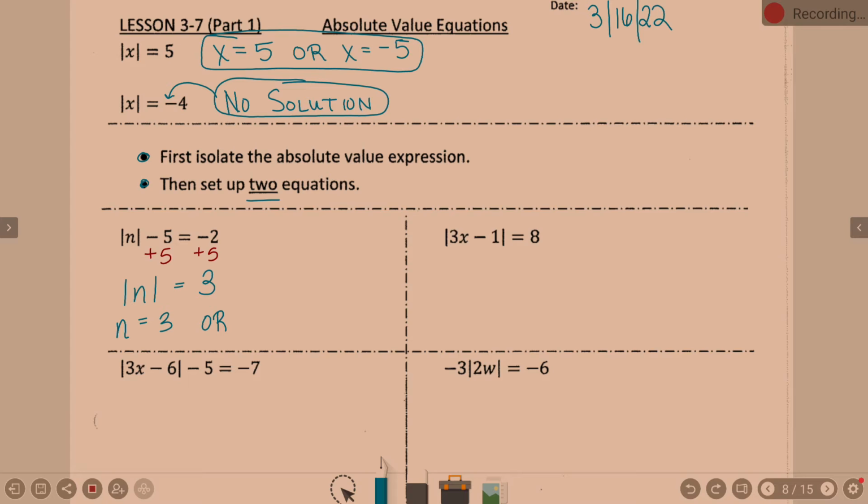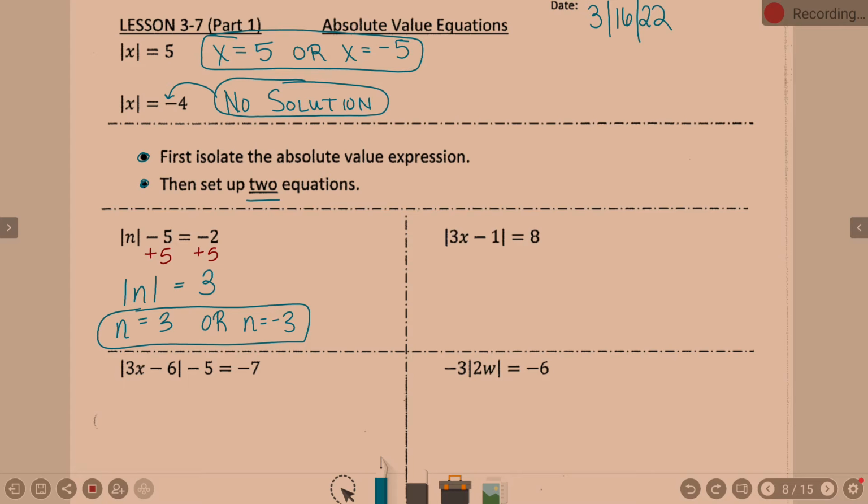Or, now we keep the left side the same, but instead of positive 3, we say negative 3. A lot of times there's still solving to do at this point. This particular problem, there's not. We have n equals 3 or n equals negative 3.